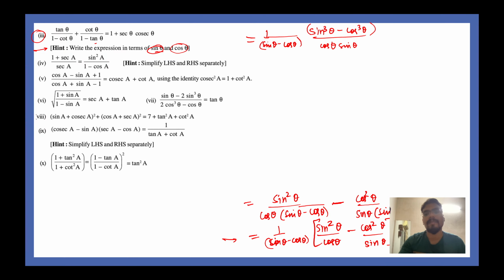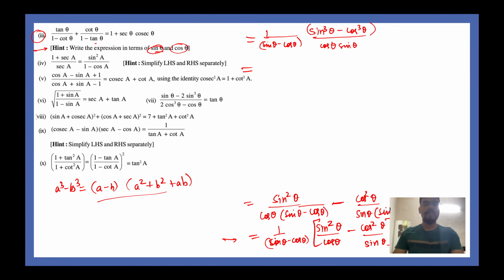So in the next step guys, now there is this property which says a cube minus b cube can be written as simply a minus b times a square plus b square plus ab. If you don't know this property, don't worry, there is nothing to worry about, because you have to remember it. Most of the people do not remember it. Don't worry, just remember this property and we are good to go.